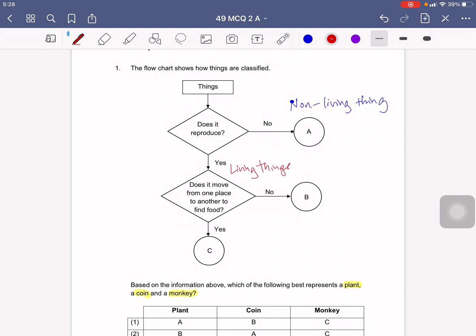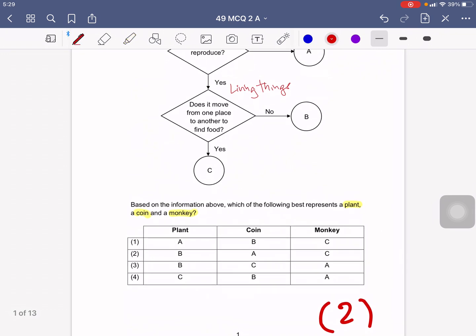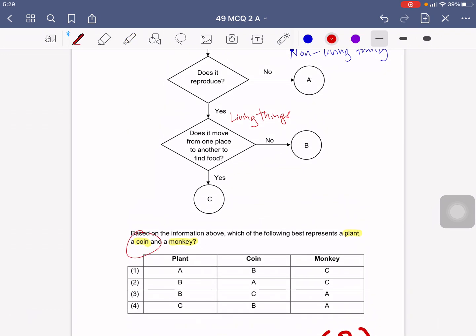The next question here: does it move from one place to another? Yes, and the other one is saying no. Looking at the options we have, which one represents a plant, which one is a coin? Now coin is a non-living thing, so this must be a coin. And you have plant.